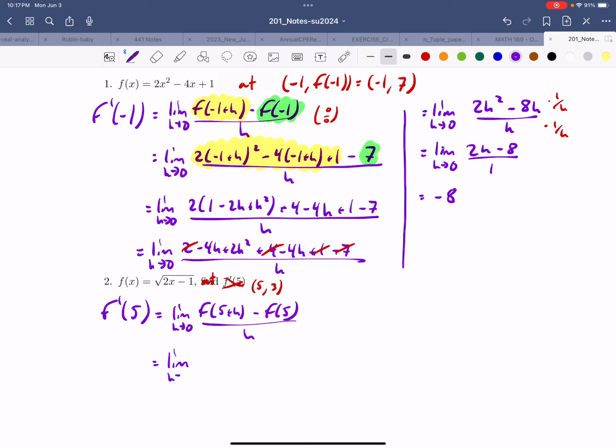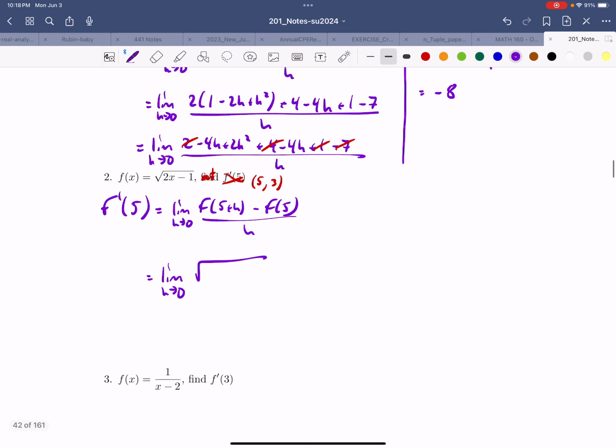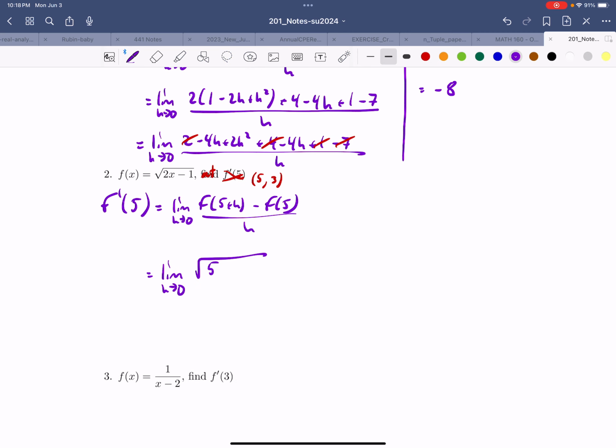And this is going to be the square root of 2 times 5 plus h minus 1. Everyone see what we're doing there? We substitute 5 plus h in for x. Minus the square root of, well, we know that it's going to be 3. But if you're not sure how we got that, it was 2 times 5, f of 5, minus 1, all over h.